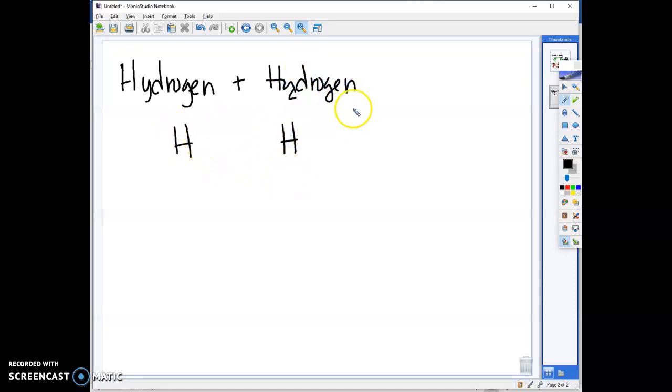Okay, and they have 1 valence electron each, and so I'm going to put both of those here in the middle. And now what I basically have to do is, instead of showing a transfer of electrons, I'm just going to move these atoms closer together so that their valence shells overlap.